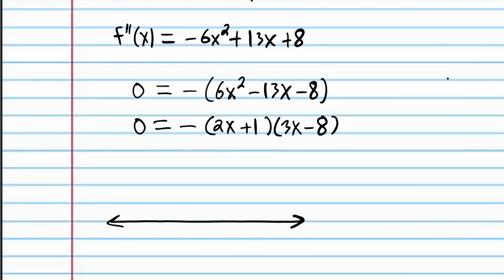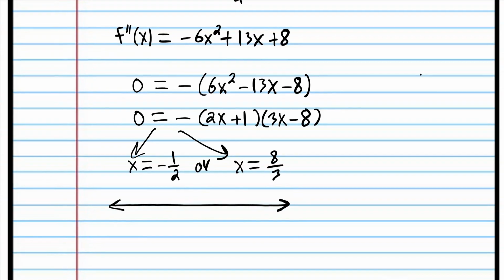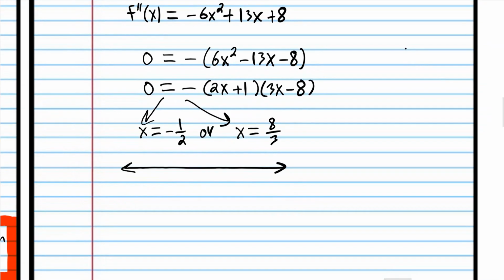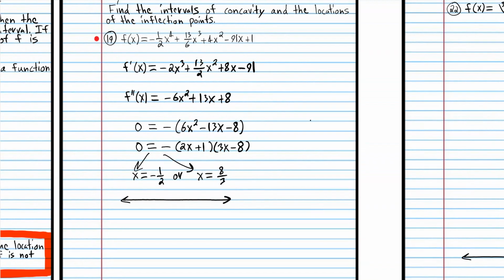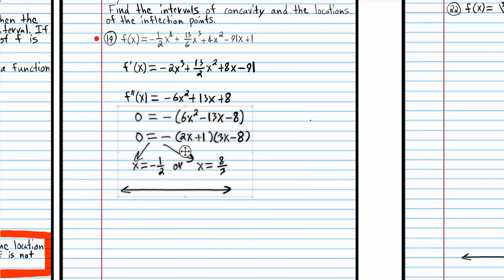Okay. So now we can solve. And now we're ready to write our sign chart. So again, those are the x values where the second derivative is 0.